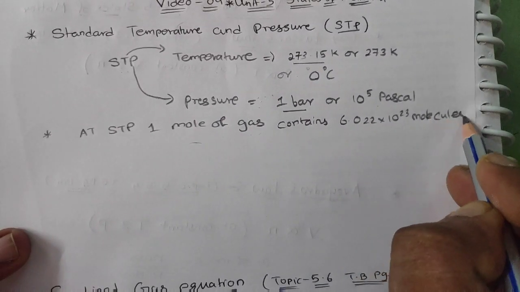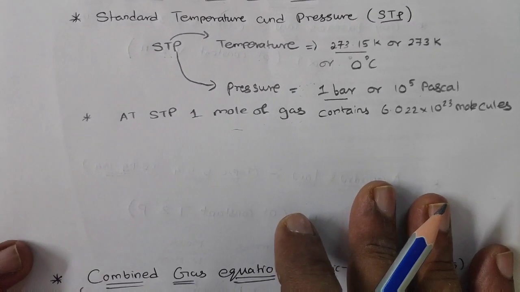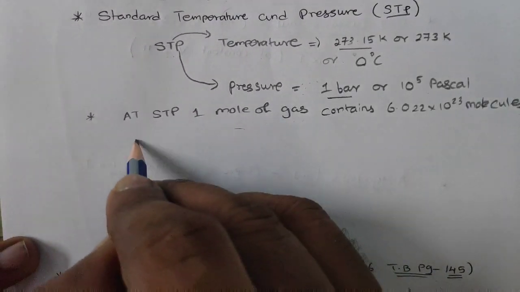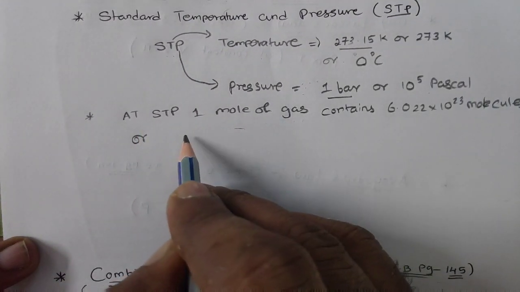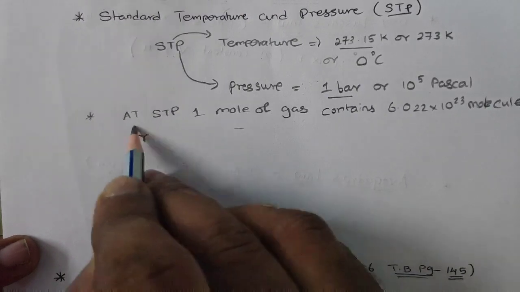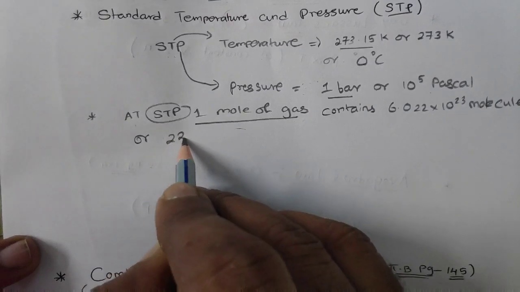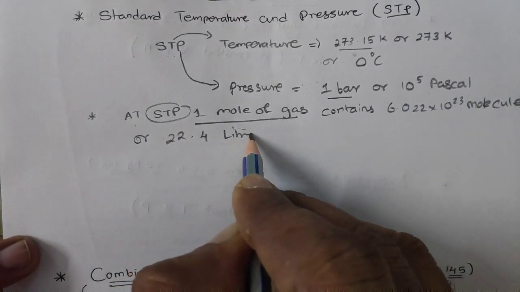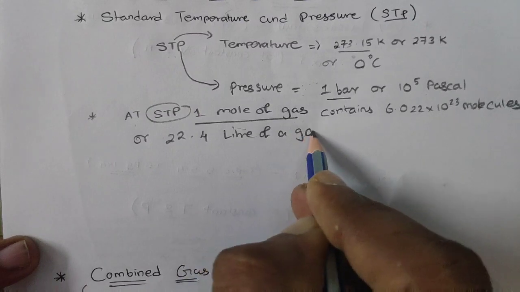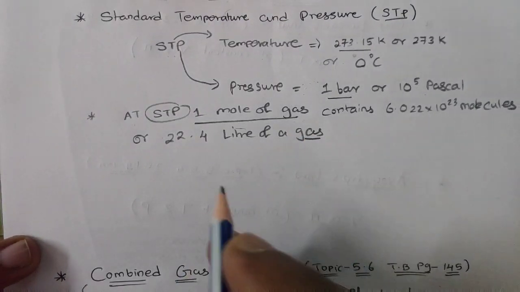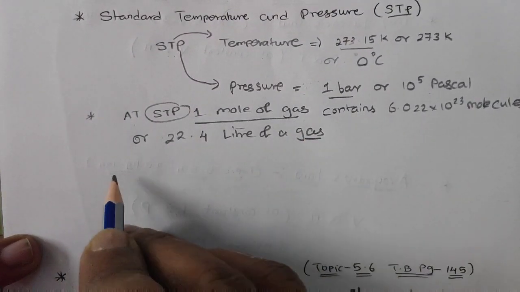This you must have studied in mole concept, right? Or also you can say it, when we talk about volume in liters, 1 mole of a gas at STP contains 22.4 liter of a gas, right? Now what is the meaning of this, we will explain. I will explain according to one example.